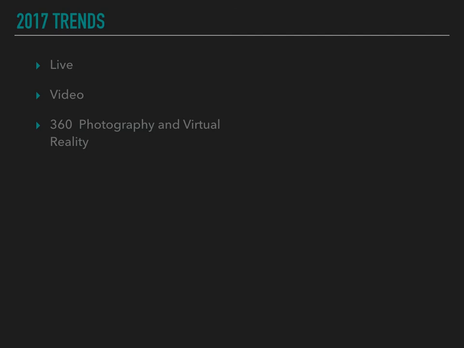So there's three areas that industry professionals are seeing as the fastest growing trends for 2017. One of them is live video. We've seen it on Facebook, we've got Facebook Live. We see it on Instagram Live.